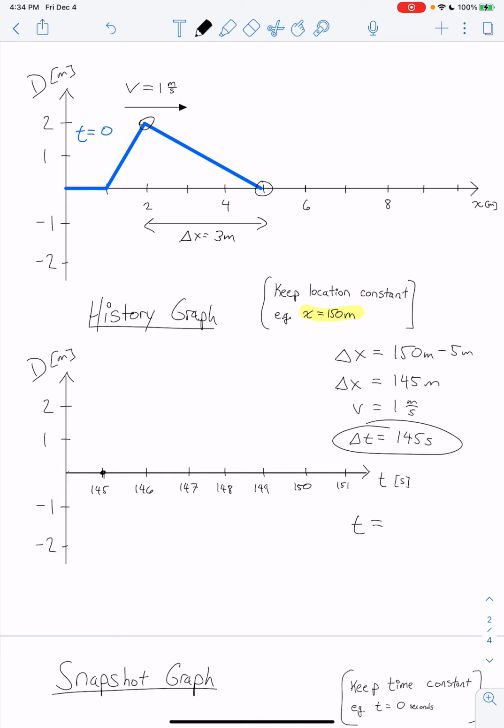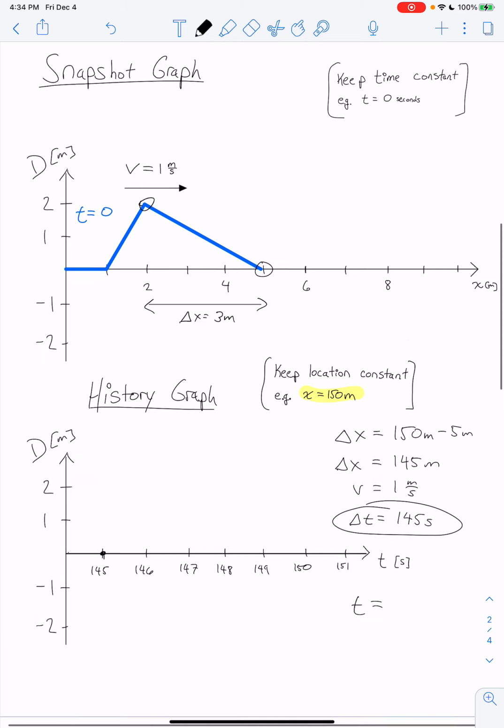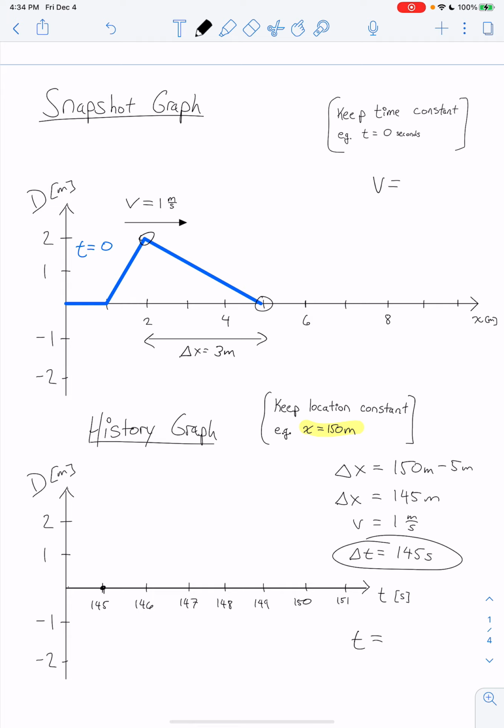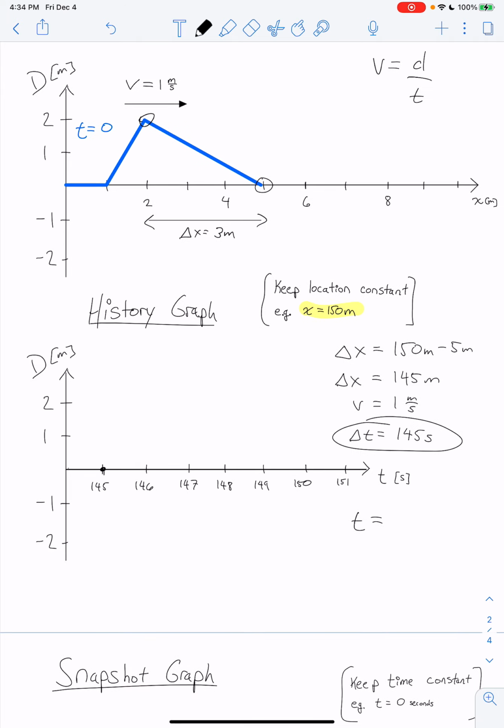To travel that extra distance, all we're doing is applying velocity is equal to distance over time. So our time is equal to the distance over the velocity. To travel an additional 3 meters at 1 meter per second just takes 3 seconds. So 1, 2, 3, at 148 we're up at the peak point.